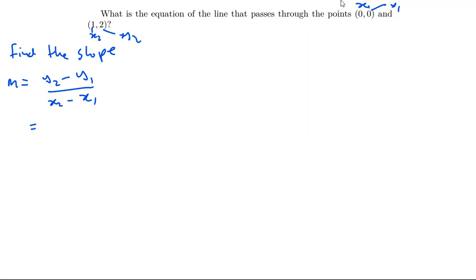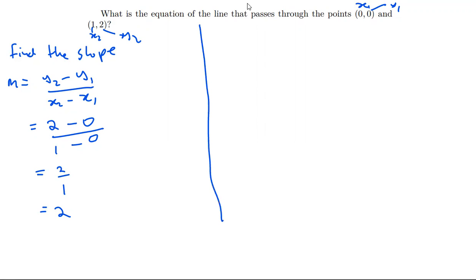Okay, y2 is 2, so this is 2 minus y1, which is 0, divided by x2, which is 1, minus x1, which is 0. So our slope here is 2 over 1, and 2 over 1 is just 2. Okay, and so this would be our step 1, just finding the slope.